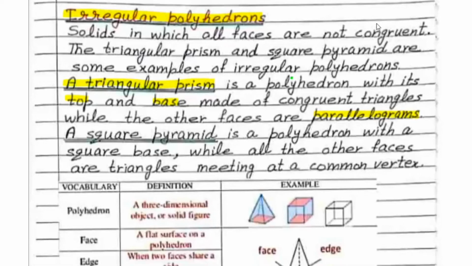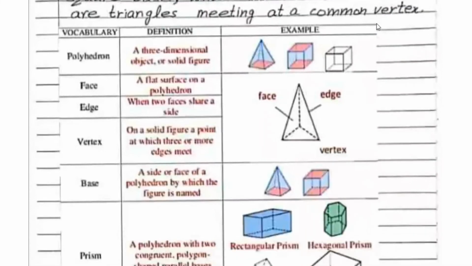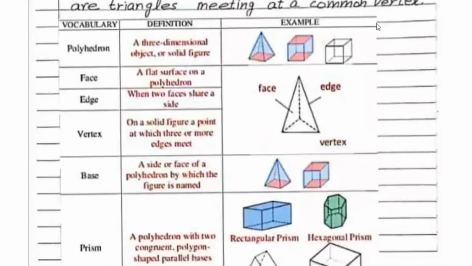Now let us discuss a few more examples. Now children, see in the given figure a polyhedron. What is the definition of a polyhedron? A three-dimensional object or a solid figure, right? Now next is face.